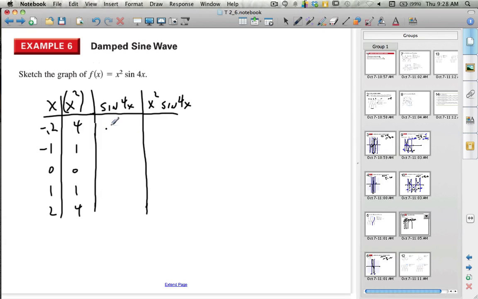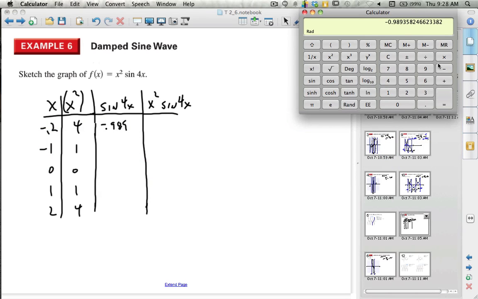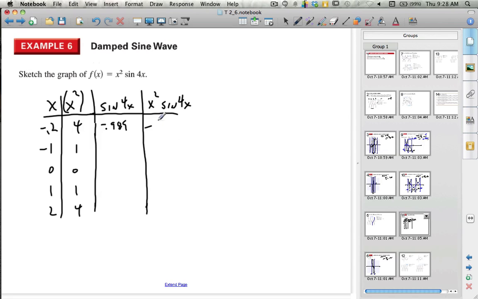Then that item times 4 is -3.96. Okay, so we have -3.96, and I've got a point on my graph. All right, I'm going to go ahead and do the same for these other values.